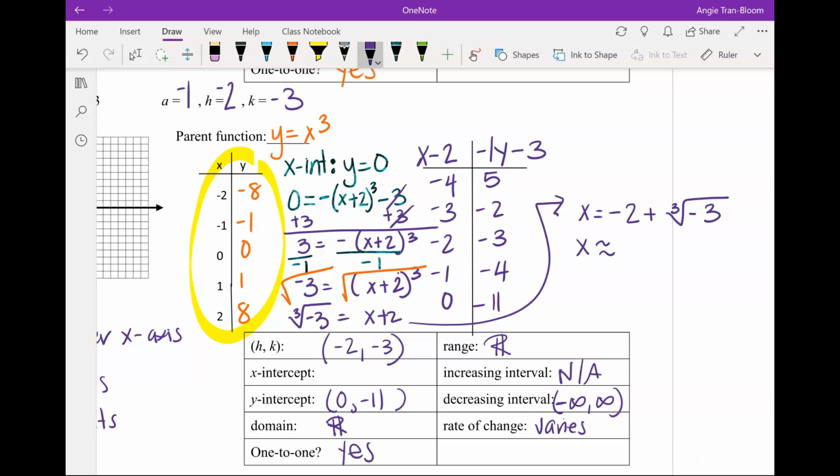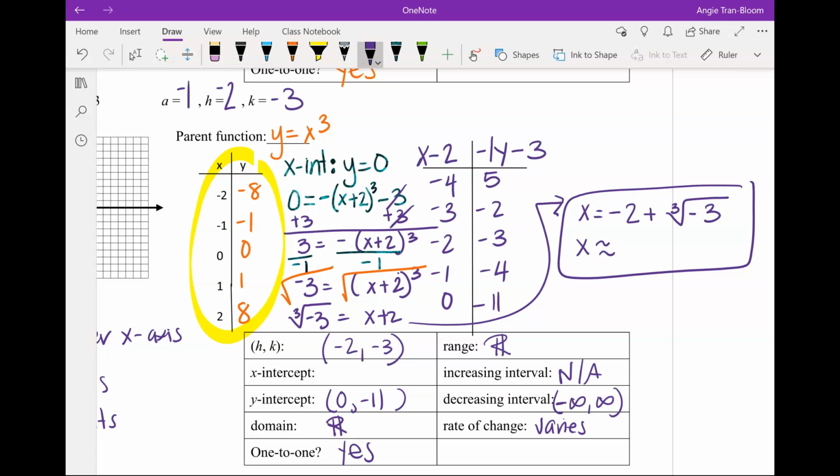Someone use your calculator and give me that approximation, please. Going down, down, down, down. So that's why it's only a decrease.